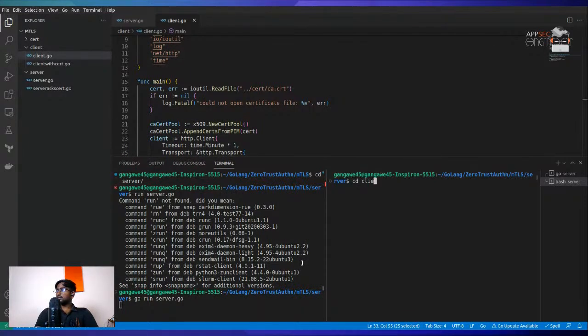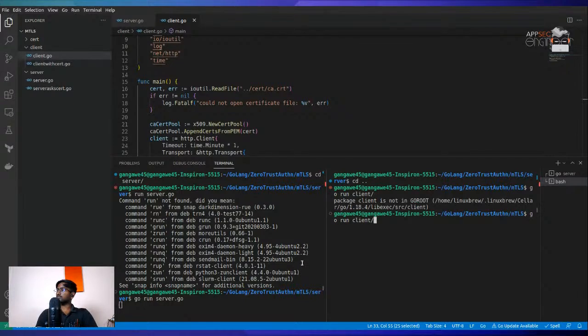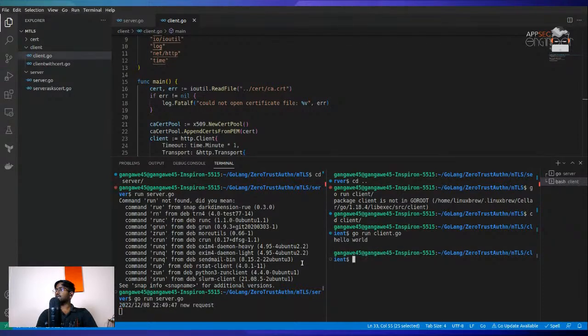So let's first access that particular place. Okay.